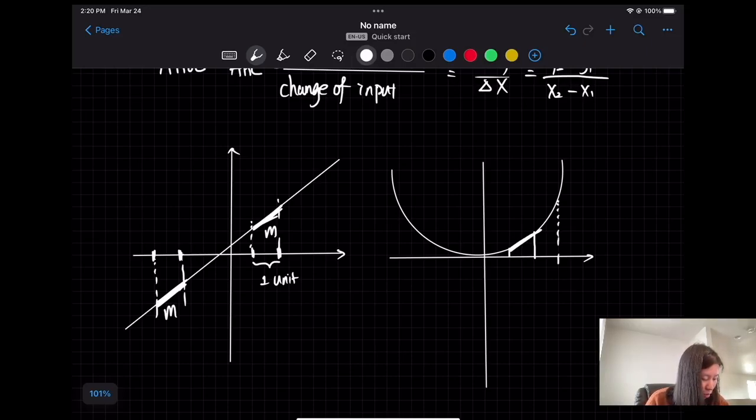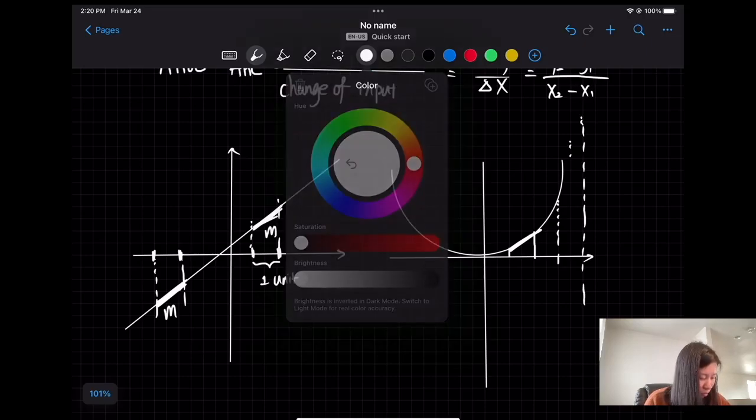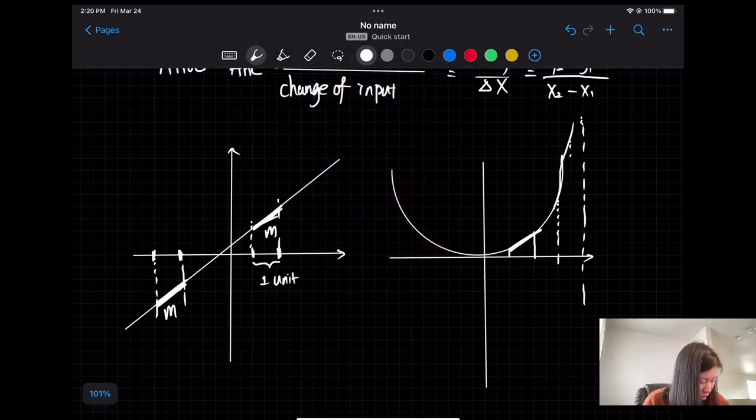Here is another 1 unit. Oops, I don't have enough space. I need to go further. So as you can see, the slope in here has changed. It's going to be bigger because it's steeper.